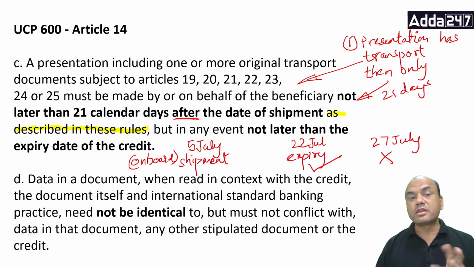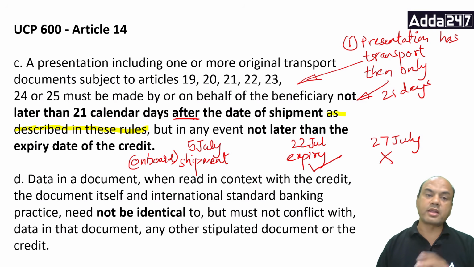Here, whichever is earlier, 21 days or expiry. Here it's only talking of expiry, not about the presentation of documents. If expiry comes in between, you have to follow the expiry. Got it?